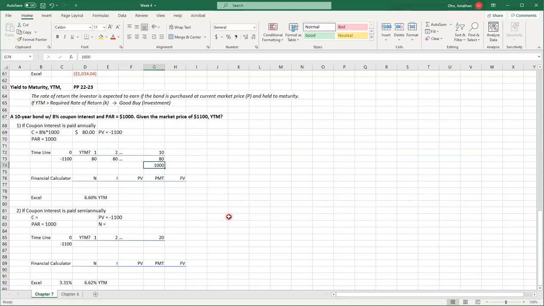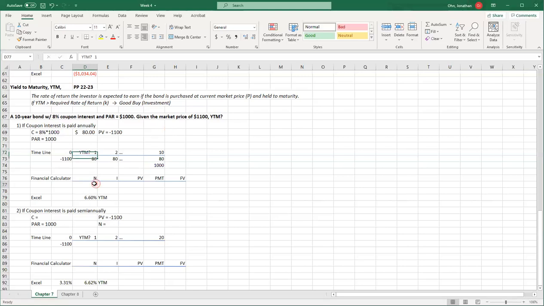Given the present value, payment, and par value, the future value, now you are asked to calculate the rate, the yield to maturity. Let's calculate this one here.